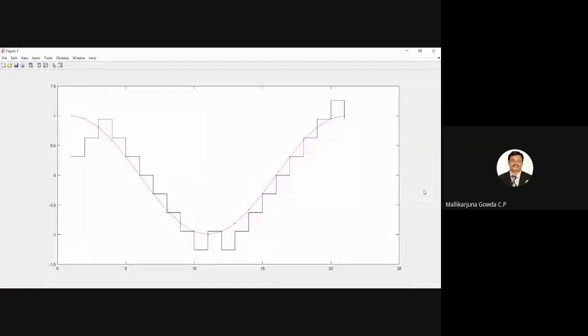Yes, I hope everybody might have got this waveform. Yes, sir.